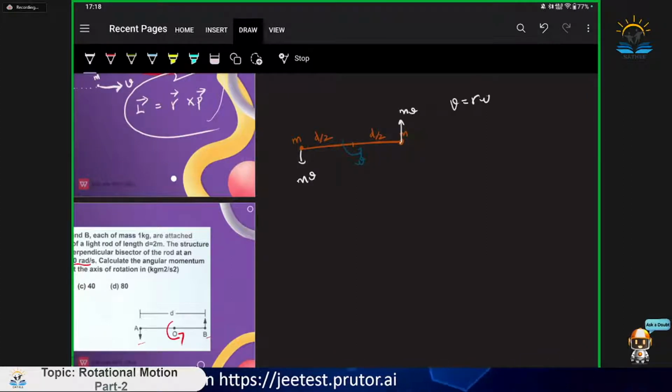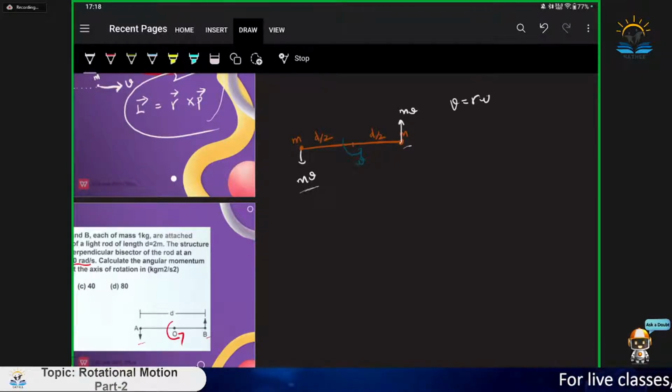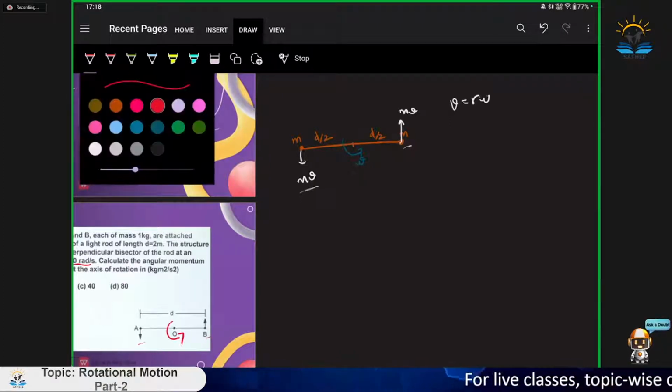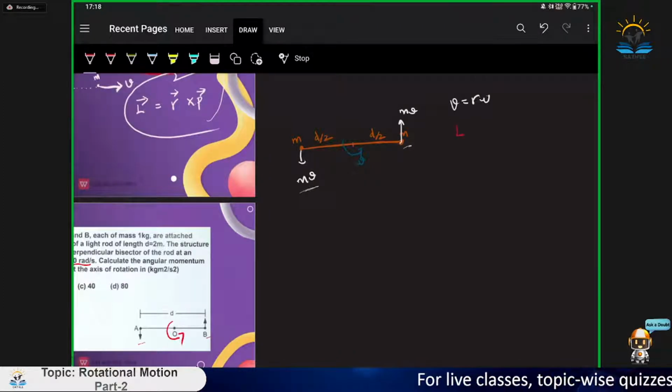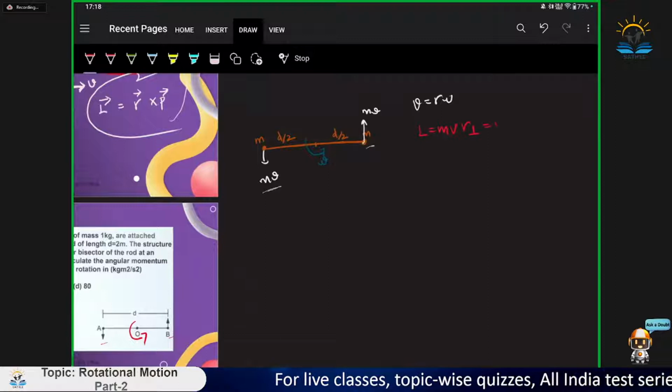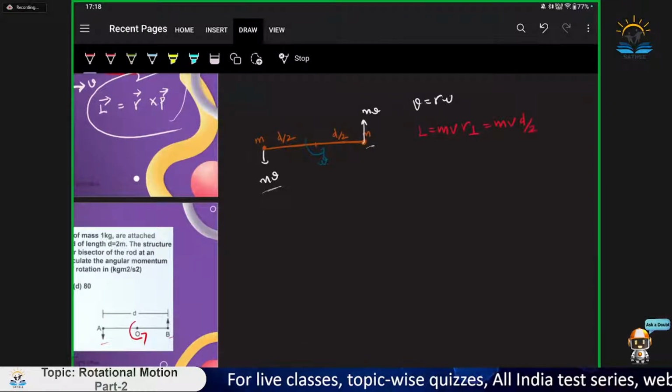So we got linear momentum of mass m and the linear momentum of mass m here also, mv, but the direction is different. What we have to find out is angular momentum. We know angular momentum L equals mv into r perpendicular. Here r perpendicular is d by 2, so that will be mv d by 2.